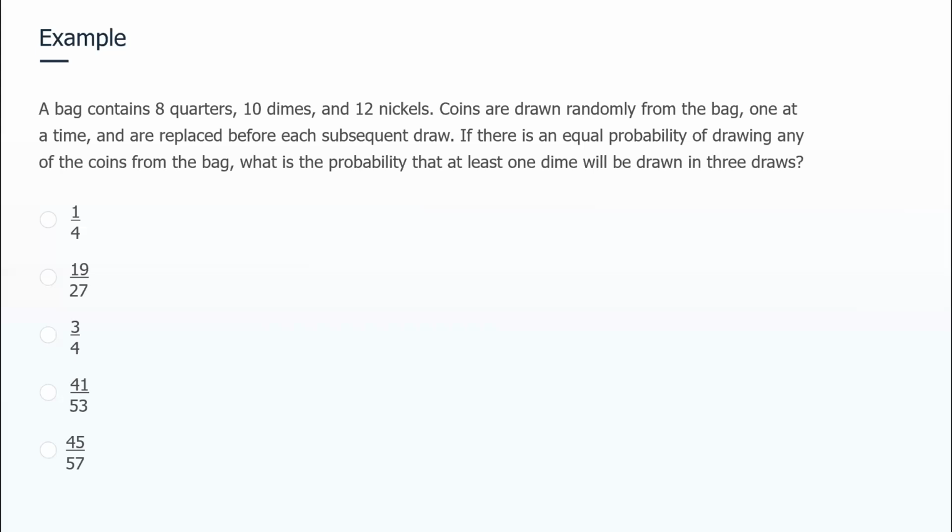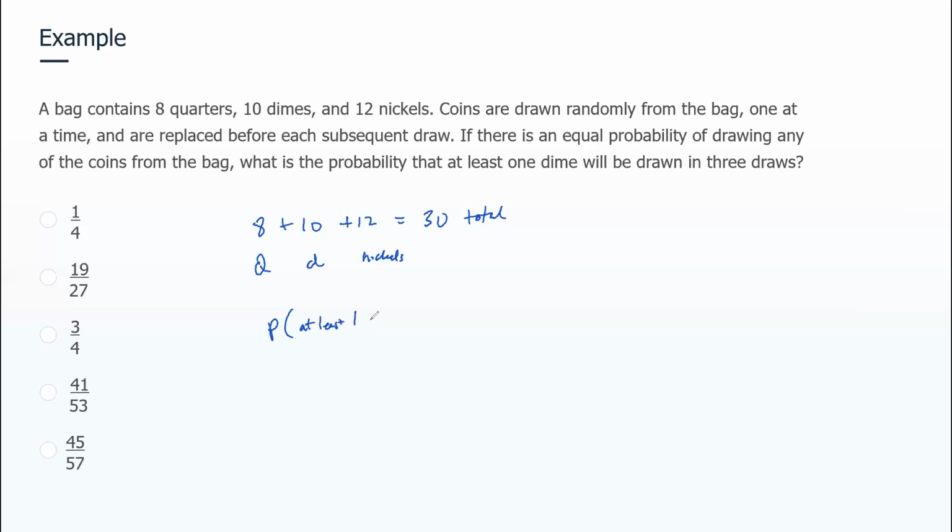Sorry, Peter. Yes. So what I did was, there's 30 coins in total. I just added 8 plus 10 plus 12. And then similar to the question before, because the question is phrased as at least one dime will be drawn in 3 draws, I tried to calculate the probability of not drawing any dimes.